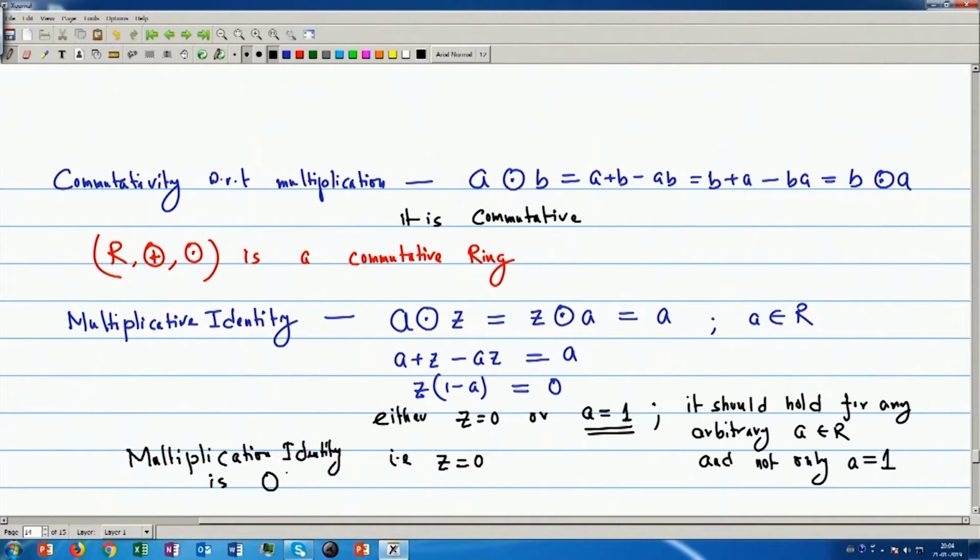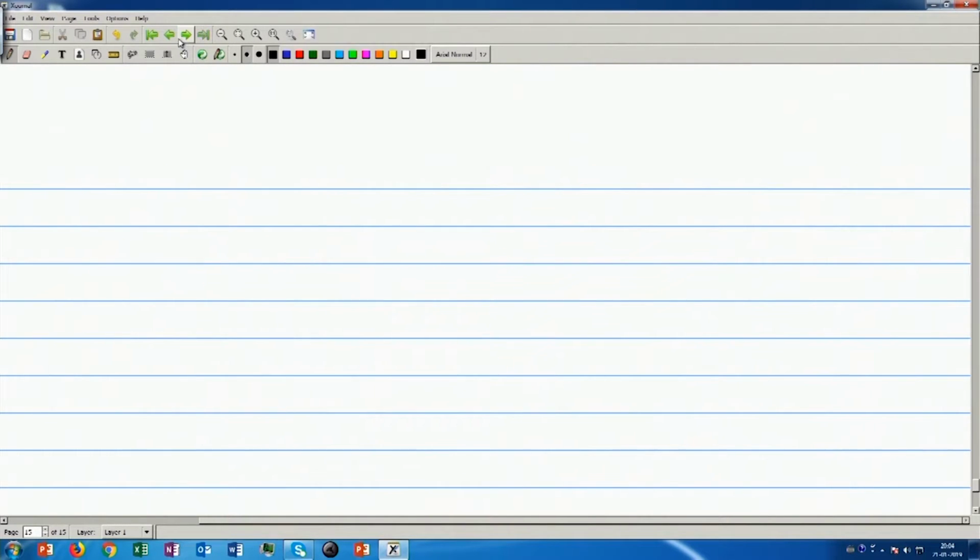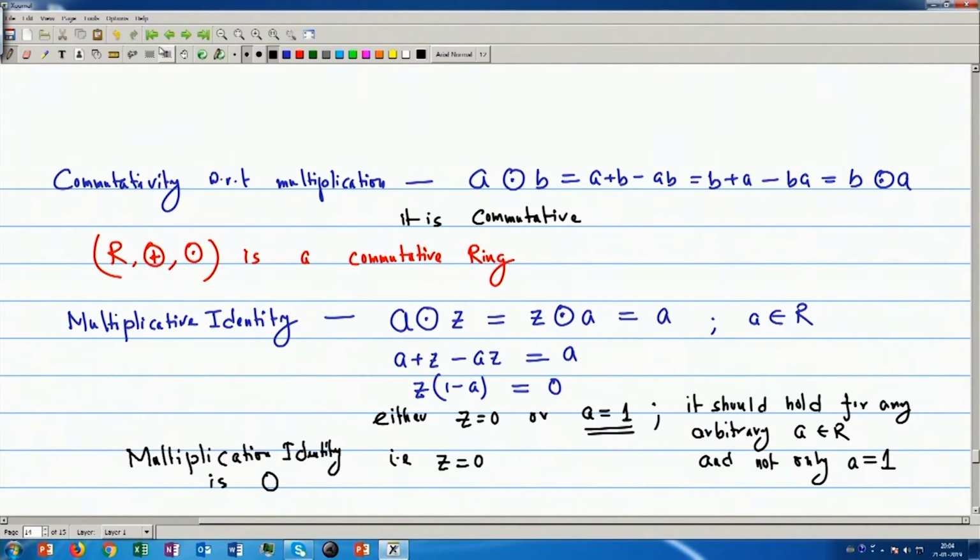So, the properties that we see, it has multiplicative identity also. So, in this way we can check that it is a ring, it is a commutative ring, and a multiplicative identity exists.